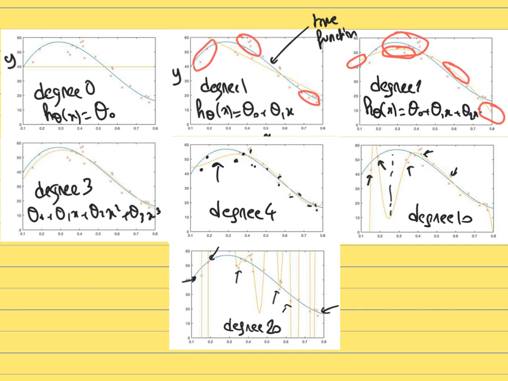This example is to show you that when you try to find a function, the only thing that you know are the data, the orange data, and based on those data you are trying to infer this blue true function, but you don't know this function. You are trying to find this function.